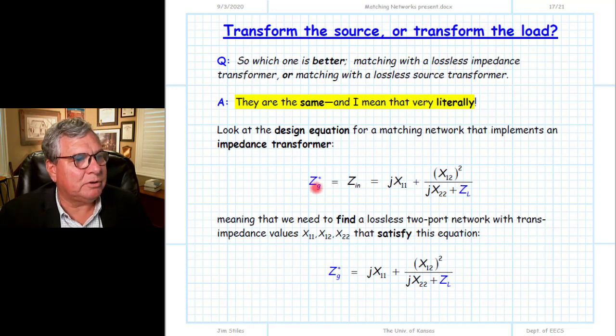what we need to do is find a lossless two-port network with these transimpedance parameters that satisfy this equation. This is our design equation that must be satisfied to transform a load impedance into the correct input impedance.